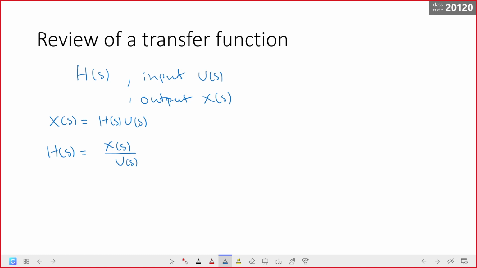And transfer function can be represented by a block diagram. So first you have input, and input multiplied by the function in this block, which is called transfer function. Then you have output.